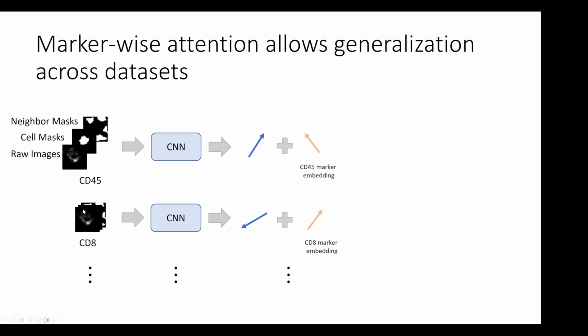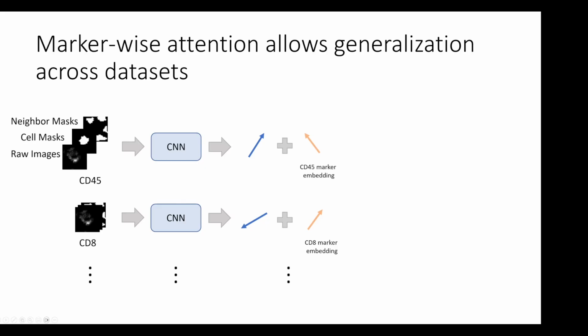Then what you do is you take the marker name, for example CD45, and pass it through an embedding model. This marker name gets converted into a vector embedding as well. This model can be something that's learned on the fly, or it can be a pre-existing one like ChatGPT. We've been exploring different ways of generating these marker embeddings, evaluating which ones actually lead to better generalization.